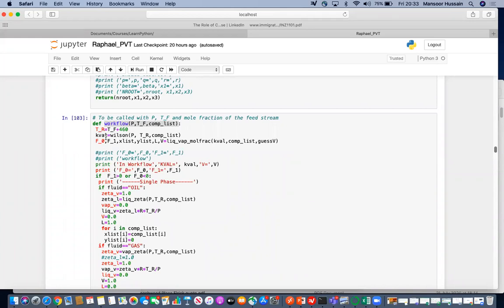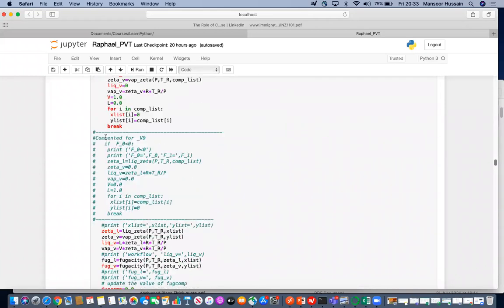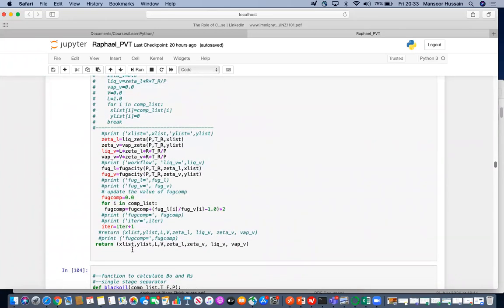Based on that, it can output the composition of the liquid, composition of the vapor, mole fraction of liquid, mole fraction of vapor, Z factor for liquid, Z factor for vapor, liquid volume, and vapor volume. So this is the main, as it were, the heart of this program. I've tested this against commercial simulators, and it is fine.